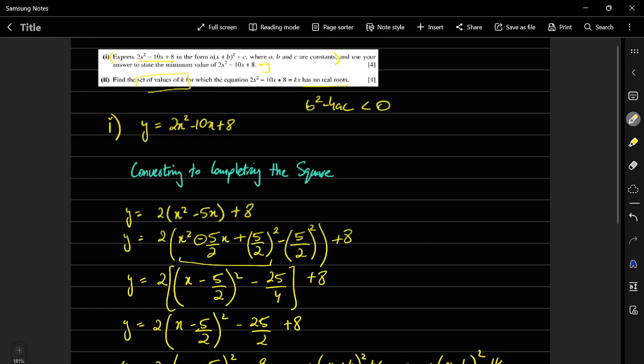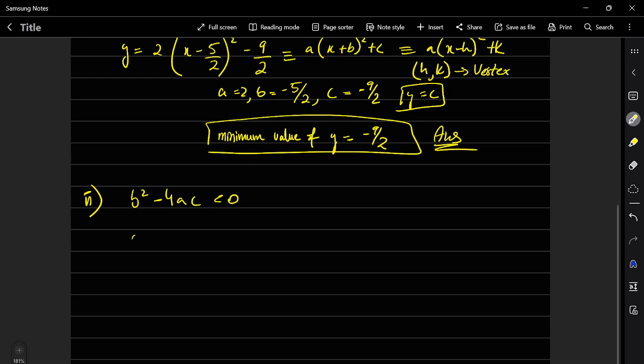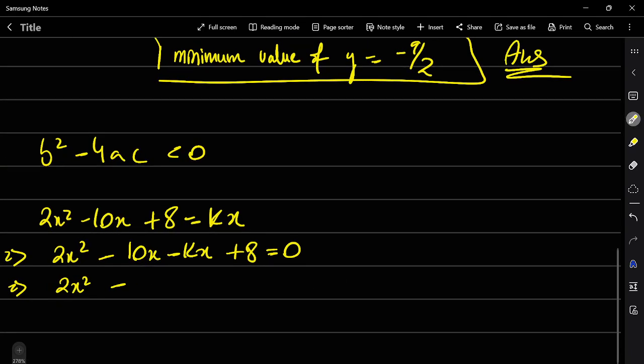We know that 2x squared minus 10x plus 8 plus kx, so I'm going to be taking a few common variables over here.